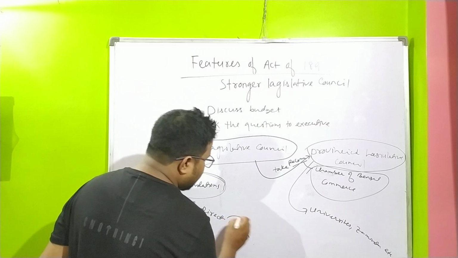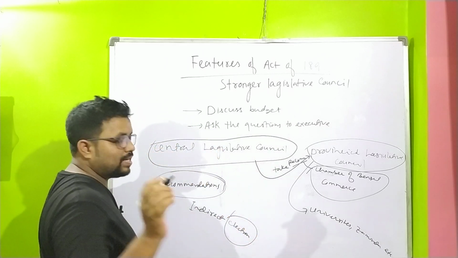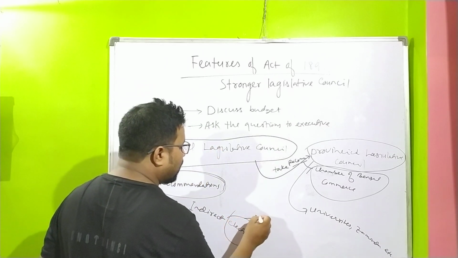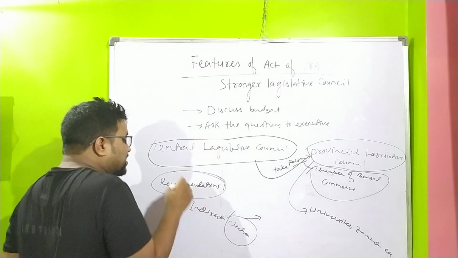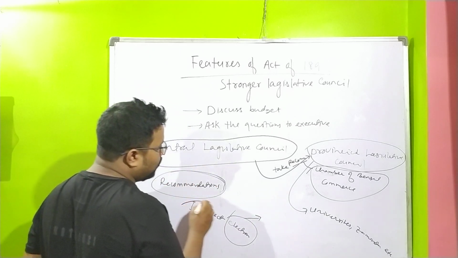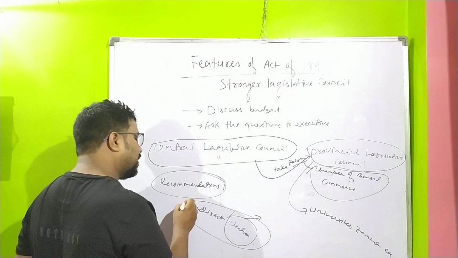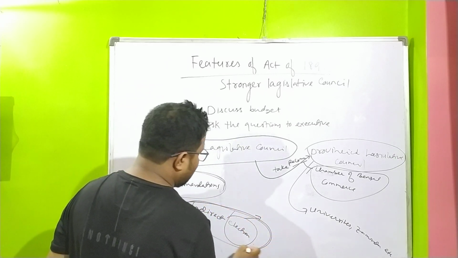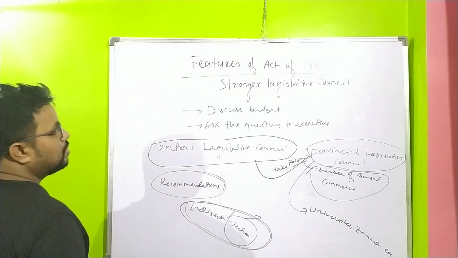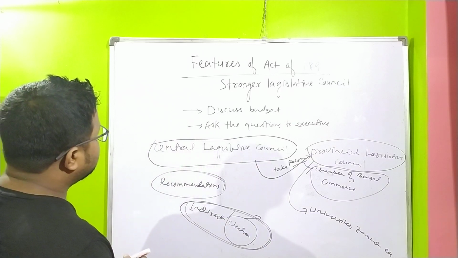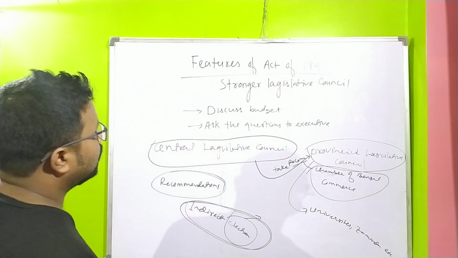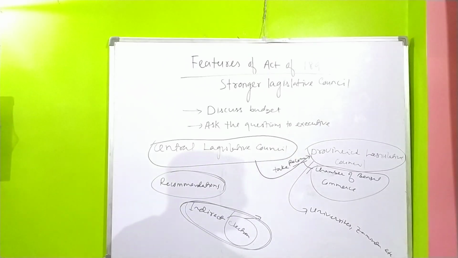However, the word election was not written anywhere. You will not get the word election anywhere, but these recommendations were assumed to be an indirect election. So these were the major features of the Act of 1892.